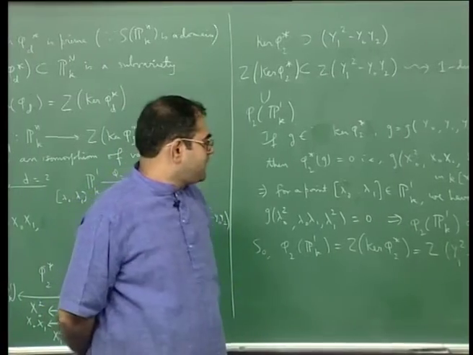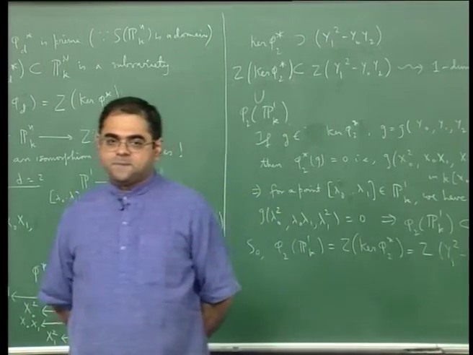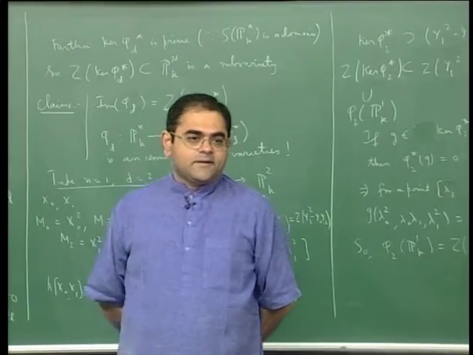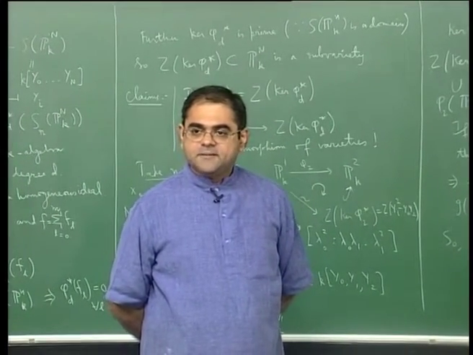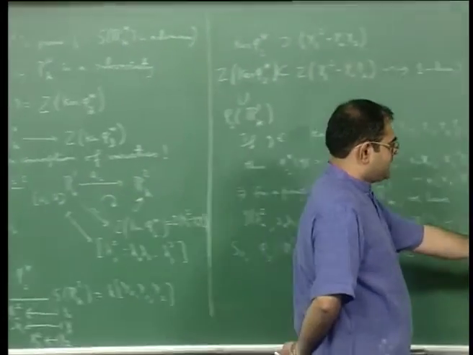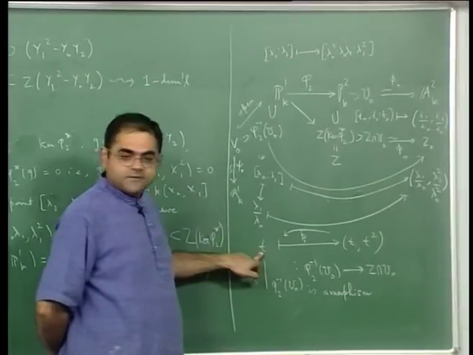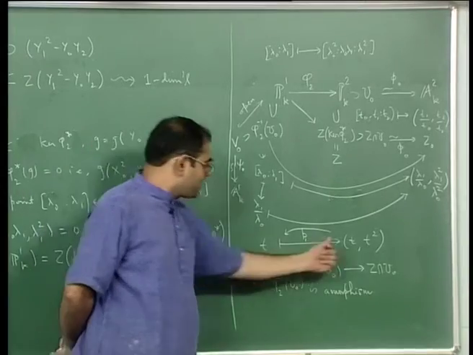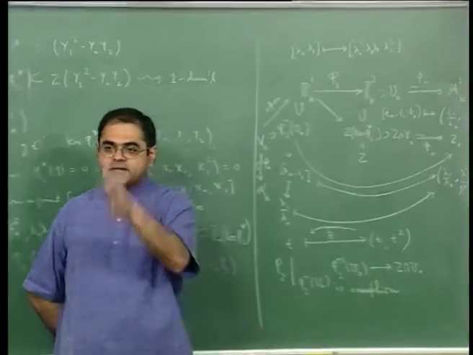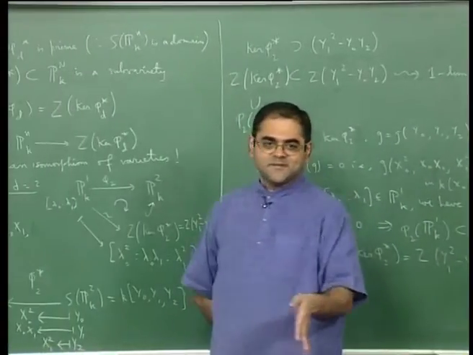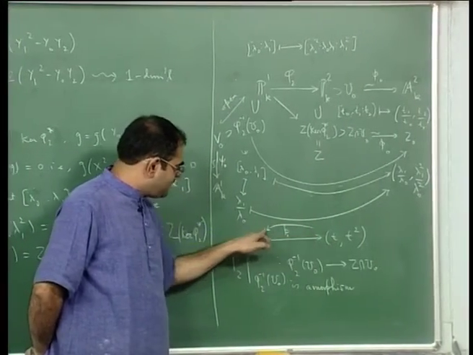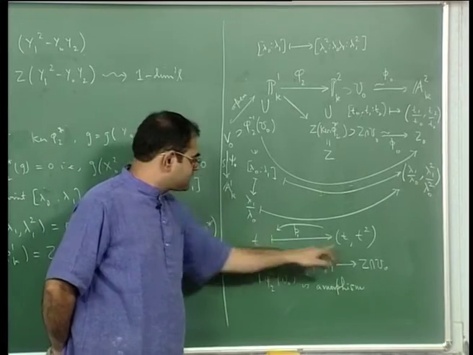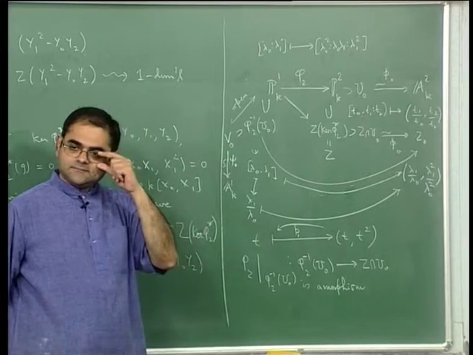If I take the map t going to t comma t squared and project on the first coordinate, the projection will send t comma t squared back to t. Projection on every coordinate is certainly a morphism. So I have an inverse morphism such that this followed by this is identity.